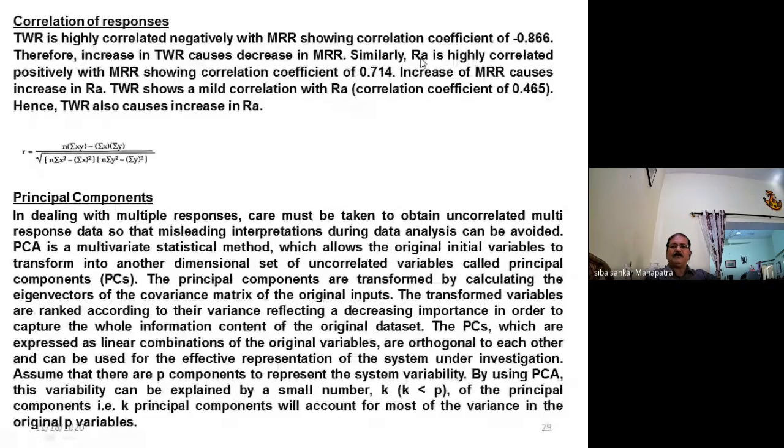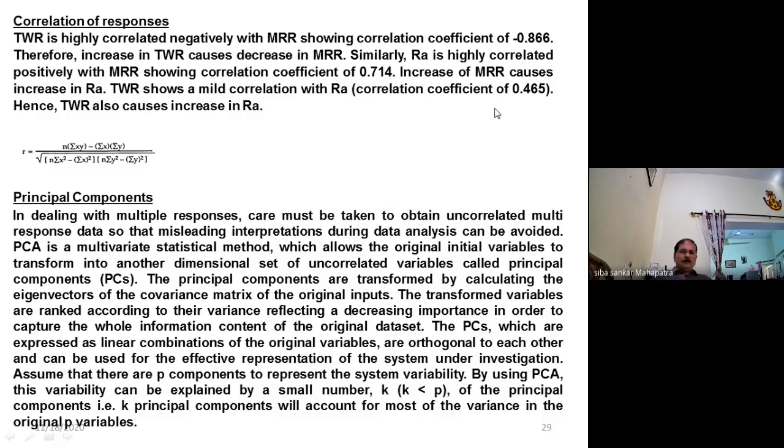Similarly, surface roughness Ra is highly positively correlated with material removal rate, showing a correlation coefficient of 0.714, that is, an increase of MRR causes an increase in Ra. TWR shows a mild correlation with Ra, with a correlation coefficient of 0.465.